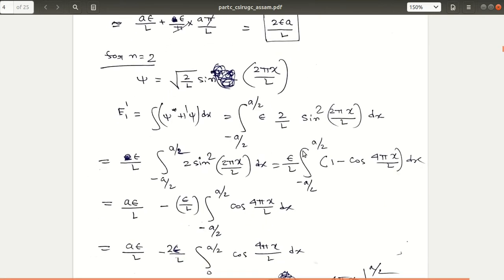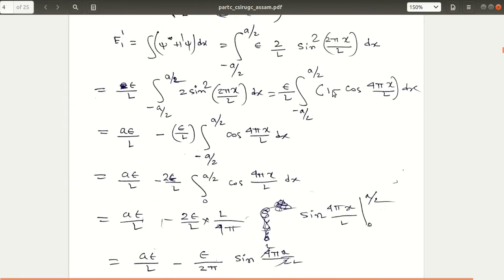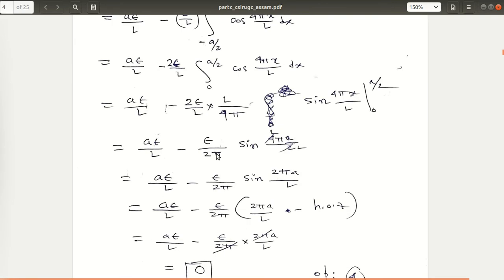Similarly, for n equal to 2, our wave function is even, and we just need to do the same procedure. We integrate over minus a by 2 to plus a by 2 with this psi. Similarly, instead of 2 cos squared x, we will get 2 sin squared x, which is basically 1 minus cos 2x. The integral of 1 dx will give you epsilon a by L, and the other integral again gives the sine series.